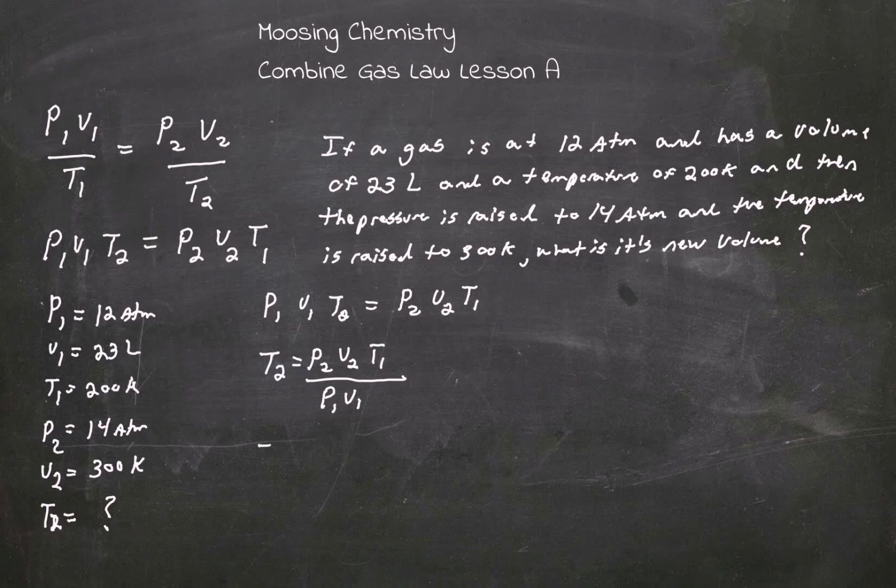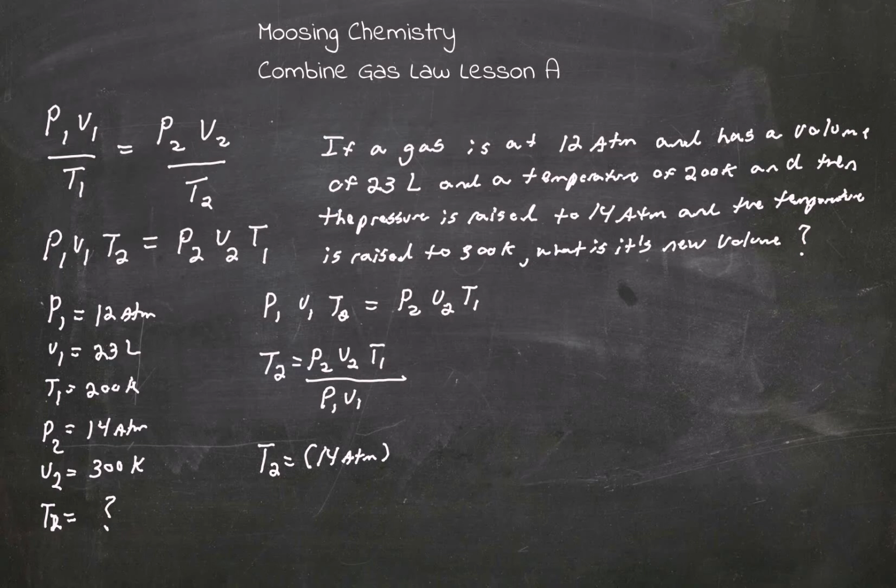So T2 equals 14 atm. Yep, 14 atm is our P2. Correct. 14 atm times our second volume. Oh my gosh, our volume is, that's what we're looking for.